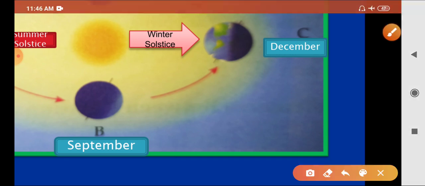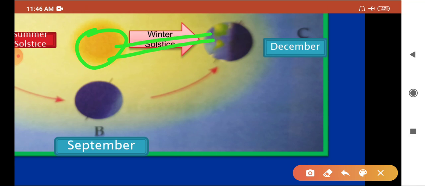Here we have the sun, and this portion, this Tropic of Capricorn, is in the southern hemisphere. It is 23 degree 30 minutes south.